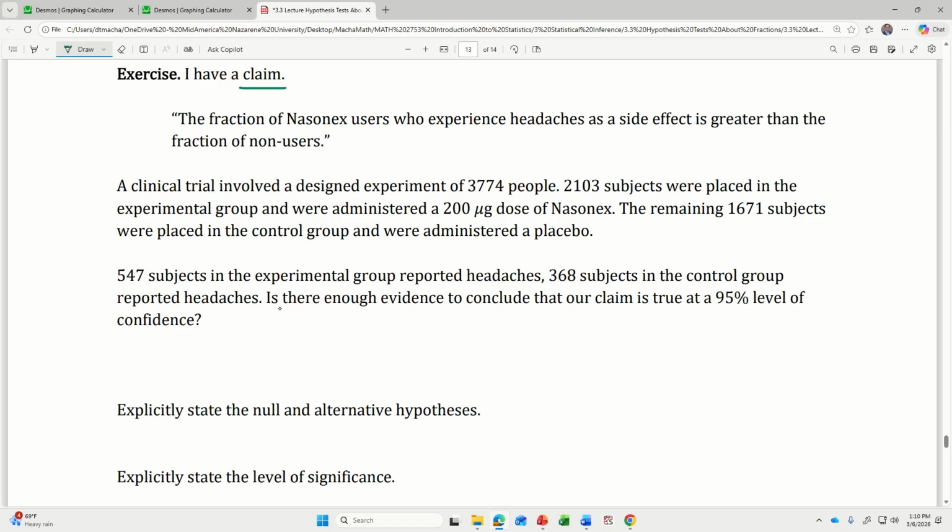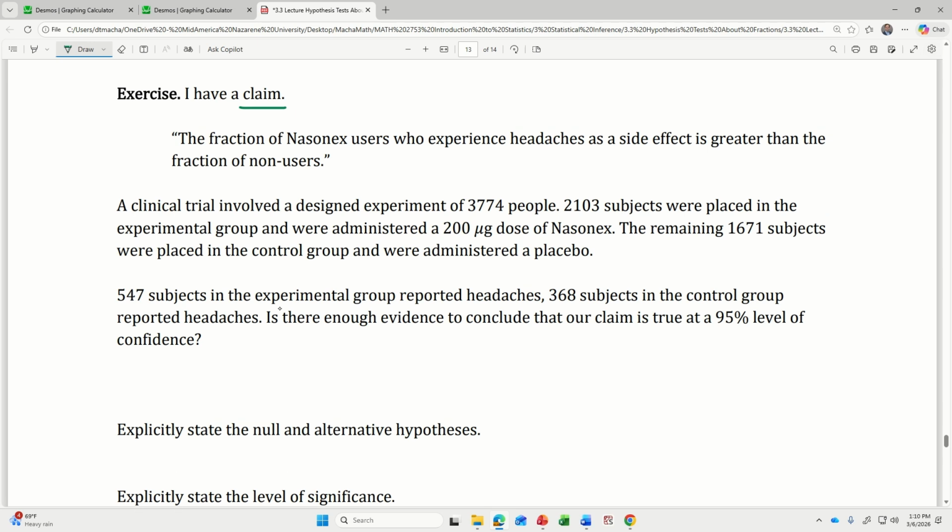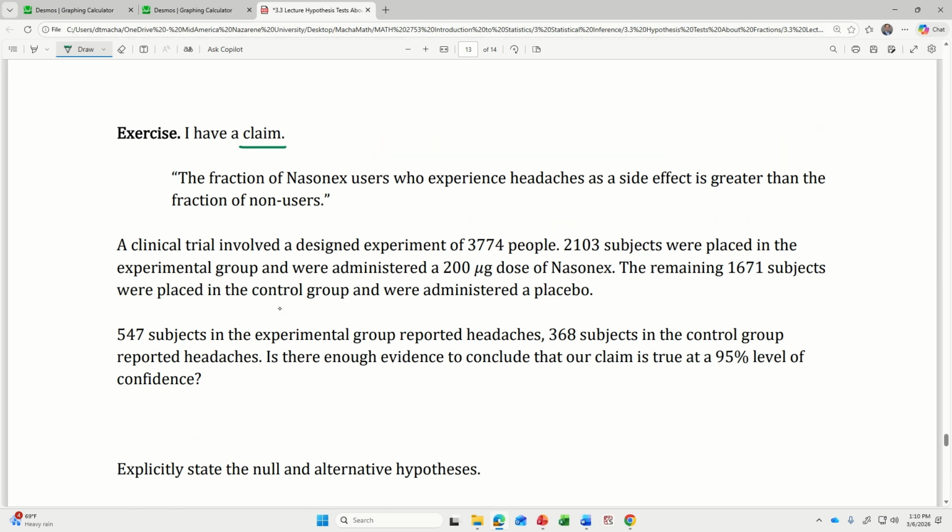I'm going to have to decide which group is population number 1 and which group is population number 2. It doesn't matter how you choose to do this. You'll get the same conclusion either way. But let's say group number 1 is Nasonex, and group number 2 is placebo.